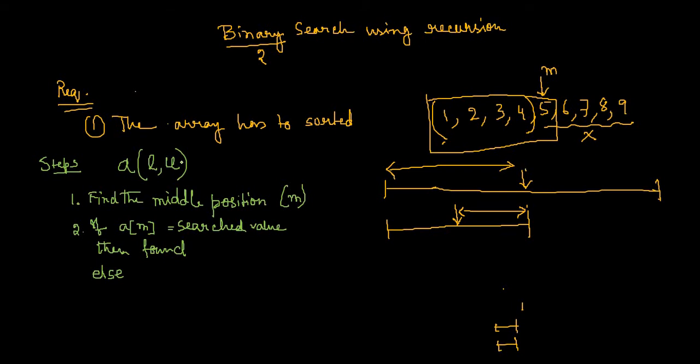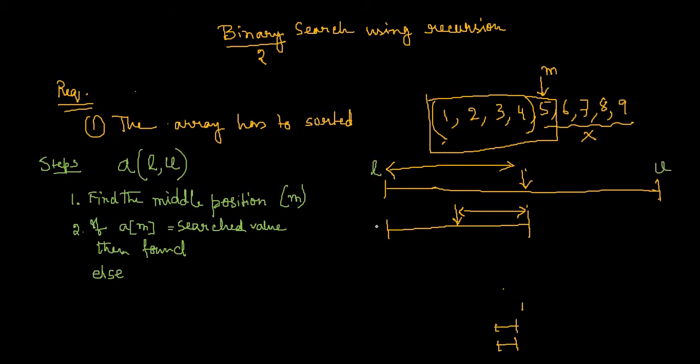So you are logically defining your data set within this boundary L to U. Since physical deletion of the other part of the data is not possible, initially L was here and U was here.